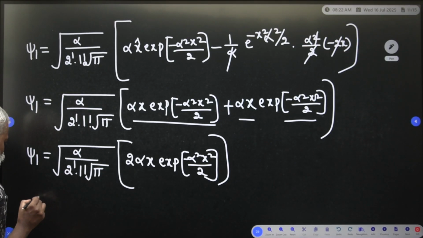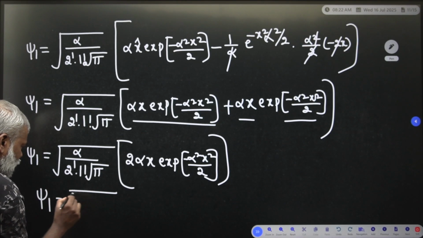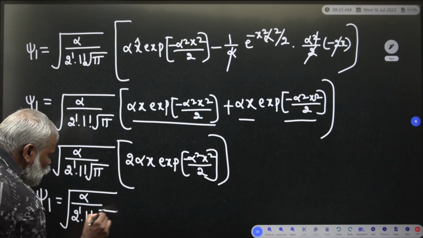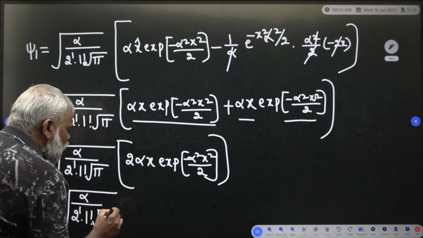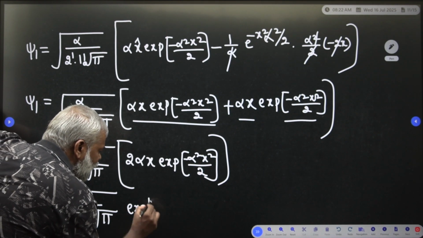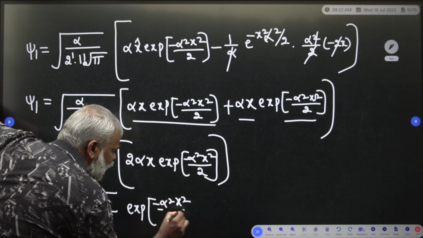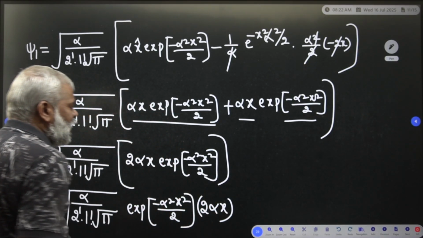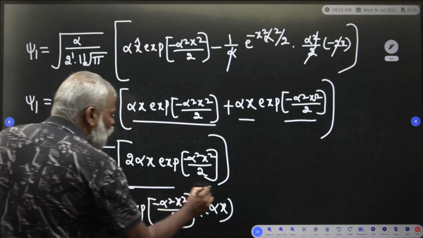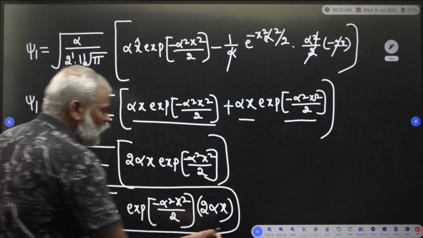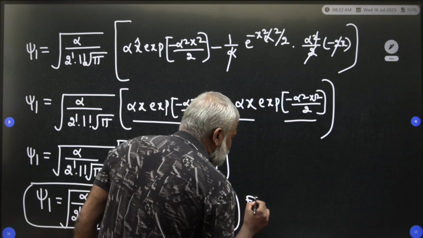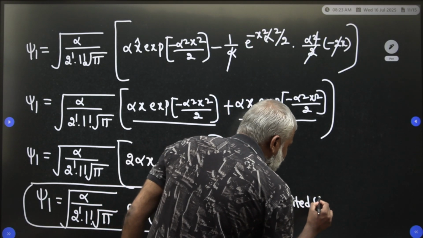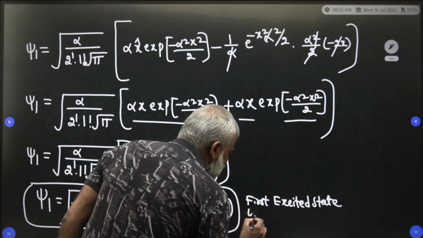Again I am rearranging once: psi 1 is equal to square root of alpha divided by 2 to the power of 1 into 1 factorial into root pi, exponential of minus alpha square x square divided by 2 into 2 alpha x.